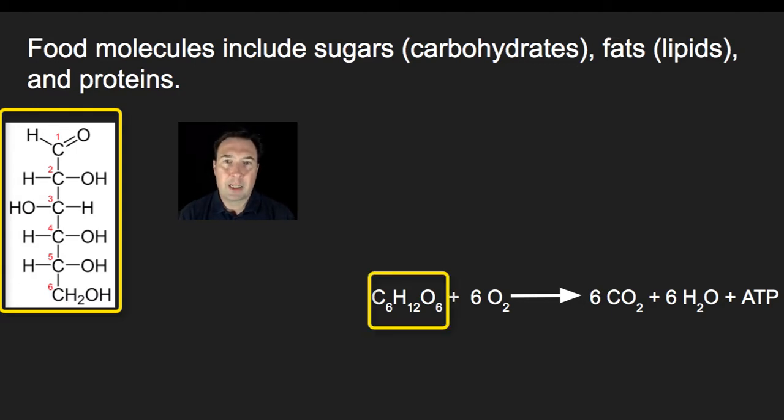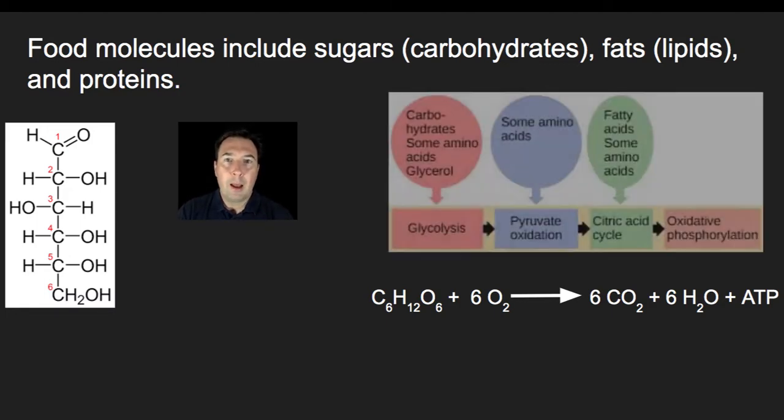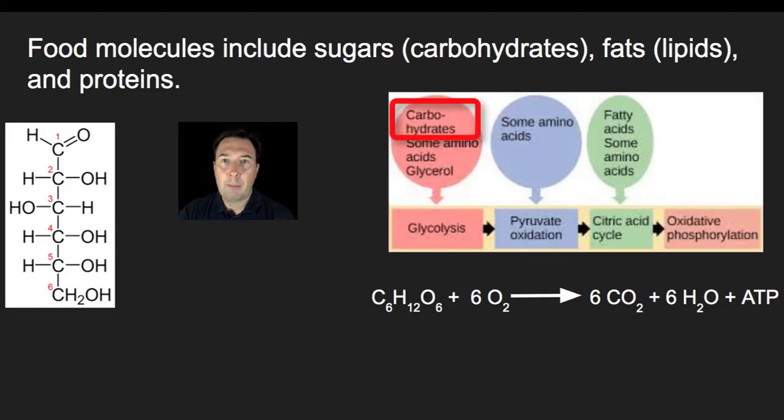And when I take that 6-carbon molecule here, I combine it with oxygen, I get my CO2, H2O, and my ATP out. And so that's the most common way you tend to see food molecules being converted into cellular energy. But it's important to know that while sugars are long carbon chains that I can use to break apart and produce ATP, I break those carbohydrates up through a series of chemical reactions.